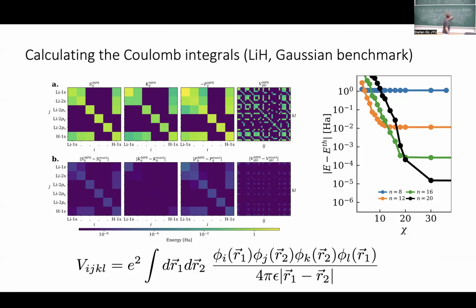So we have alpha equal 1 to m. So we keep m orbitals.